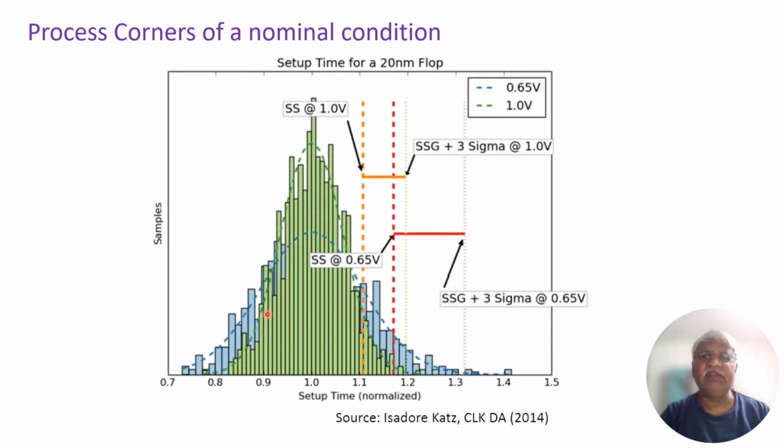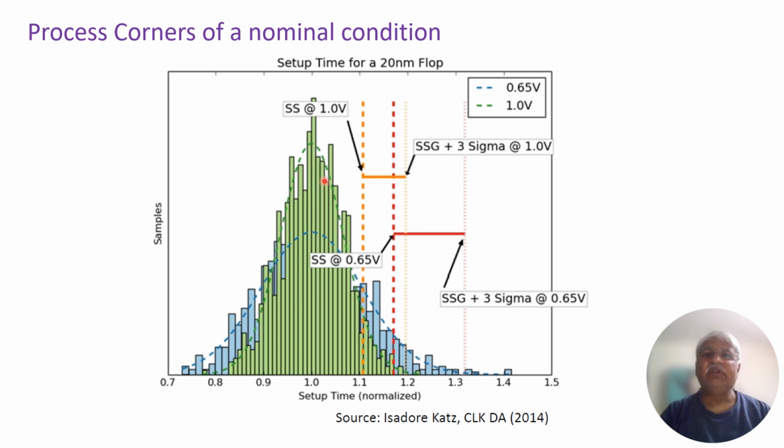And if you see the nominal conditions here, this distribution is represented by the blue histograms, and these green histograms are represented by another curve going this way. These two are different scenarios.